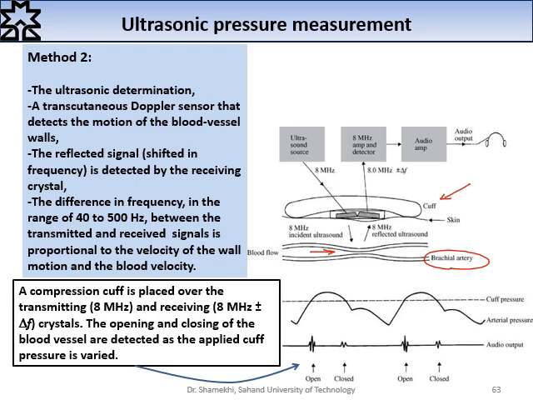But after opening this region by decreasing the cuff pressure, because of the wall motion and the blood velocity, we have some frequency shift in the received signal compared to the transmitted signal, and using some exact equations, we can find the velocity based on the shifted frequency.